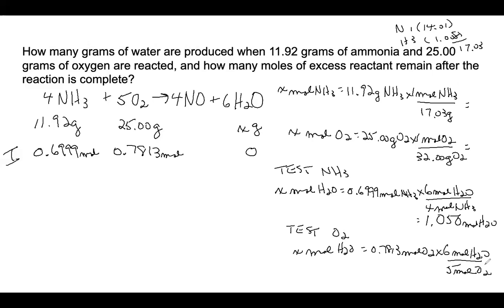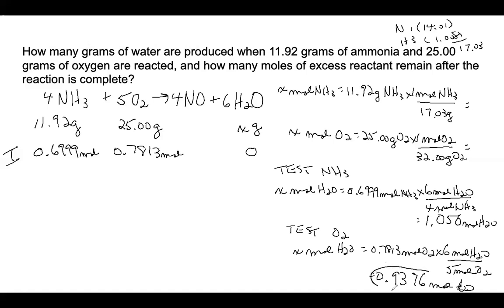All right, so 0.7813 times 6 divided by 5 equals, and we get 0.9376 moles of H2O.